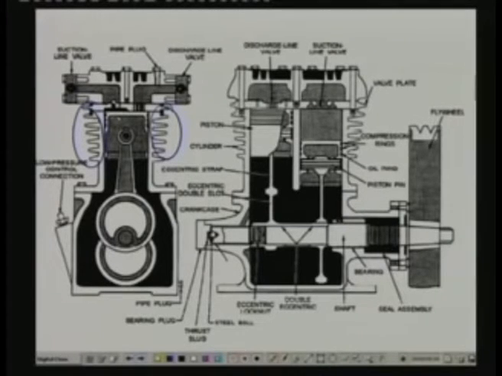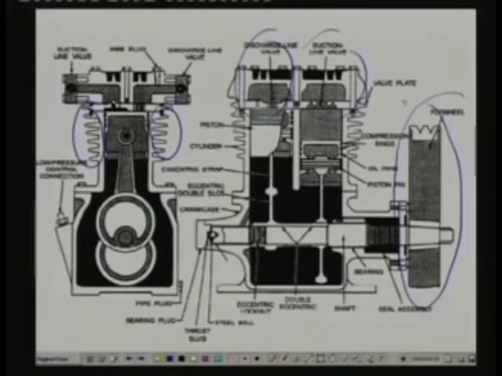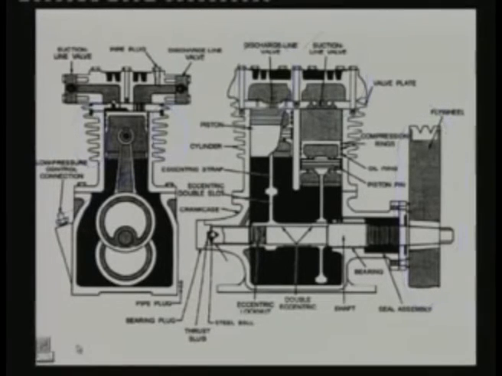Since this is an actual compressor, there are many other components, and basically you can see the discharge valve. There are two cylinders here, so you have the manifolds for discharge and suction lines here, and you have the flywheel which is connected to a belt drive or a gear drive, and this is the connecting rod and the crankshaft, etc.